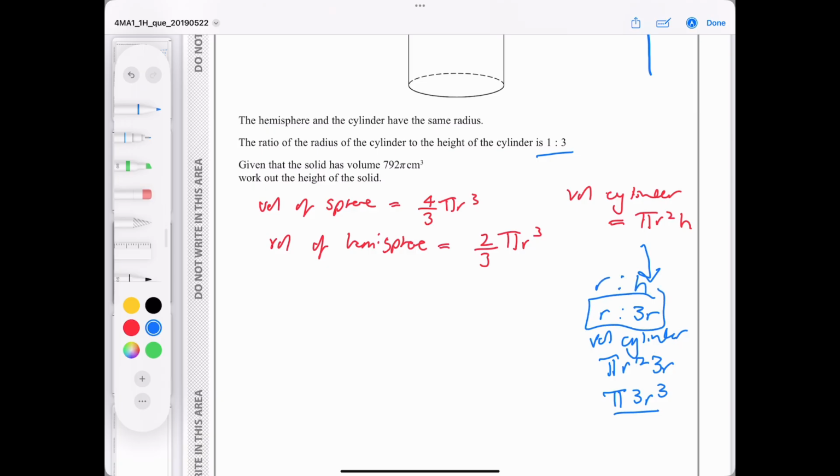Okay, so we now know that the hemisphere would be 2/3 pi r cubed plus the cylinder, 3 pi r cubed, and that equals 792 pi centimetres cubed. Right, let's get rid of the pi's.